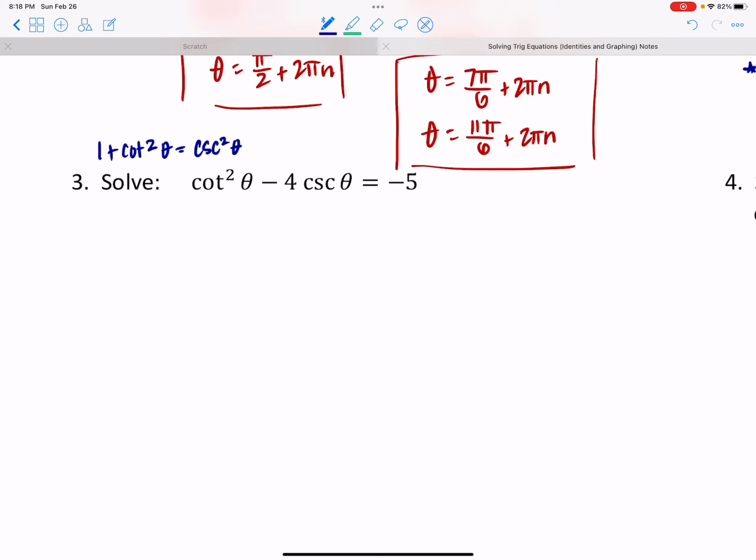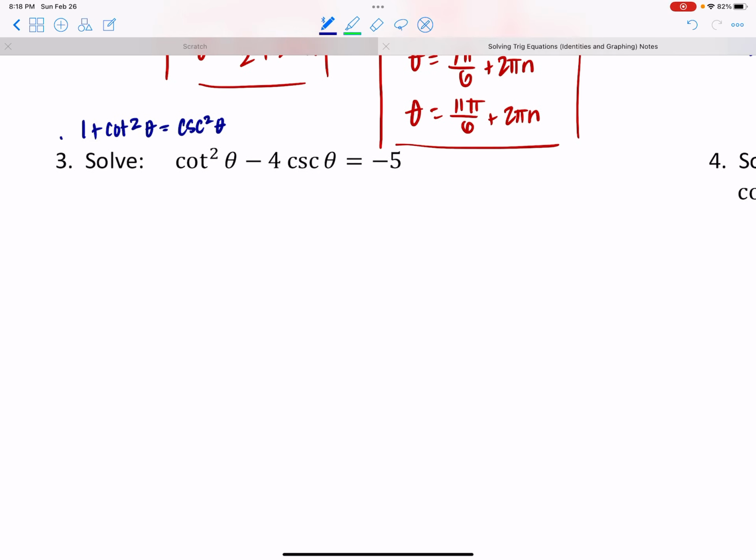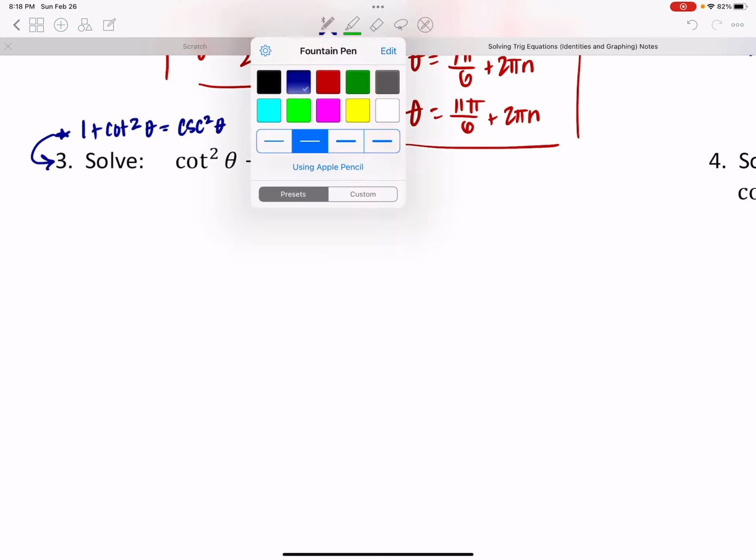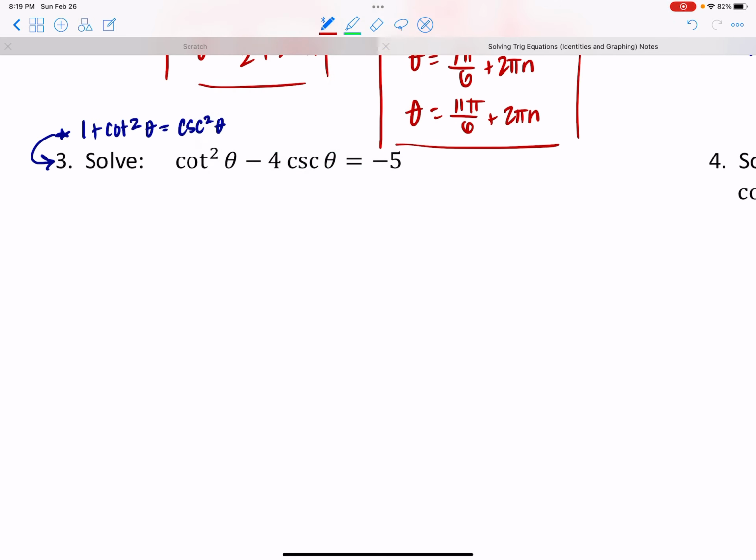So I can replace cotangent squared with cosecant squared minus 1, and if I do that, then I will only have cosecant in my equation. So I'm going to, this was connected to this problem, not to be confused with all the work I was doing above, replace cotangent squared with cosecant squared minus 1.